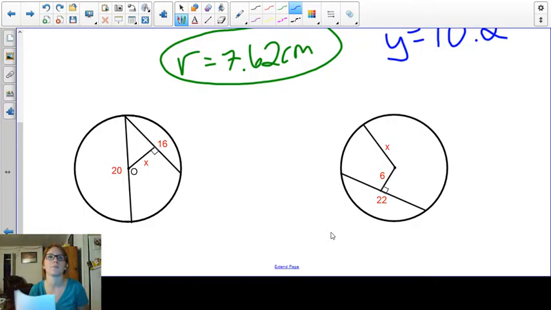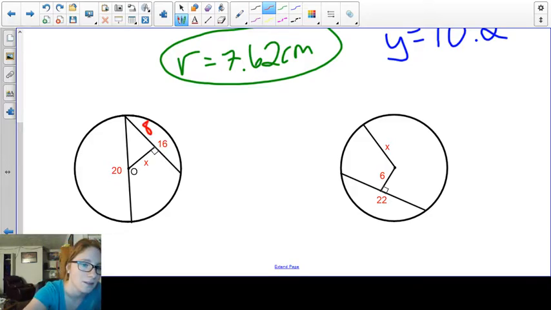Alrighty, this next one. Well, we need to determine what my values are. Well, we said down here that when it hits a chord as a perpendicular line, it bisects it. So it means this is 8 and this is 8. And then this here is the diameter. If I only want to use a radius, or half of that, then this also must be bisected.